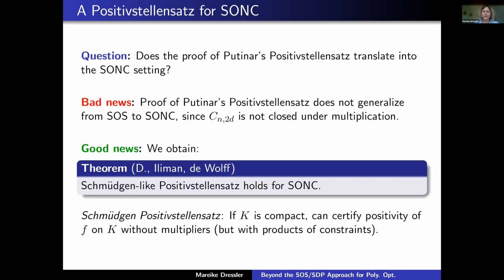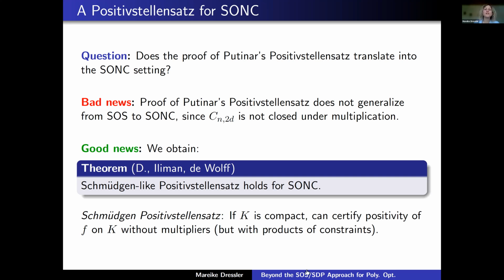But not all hope is lost, because good news, there exists just another Positivstellensatz for SONC, which is more Schmüdgen-like. And I don't know if you remember this Schmüdgen Positivstellensatz. So this was a Positivstellensatz in the sense that if this constraining set is compact, then I can certify positivity of a polynomial on this set without multipliers, but with products of constraints.